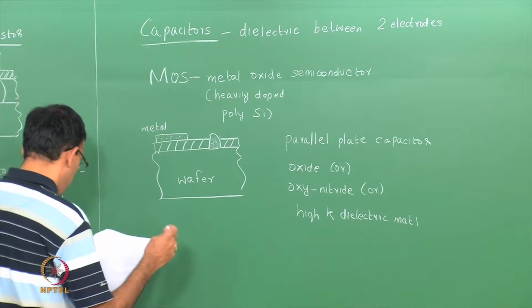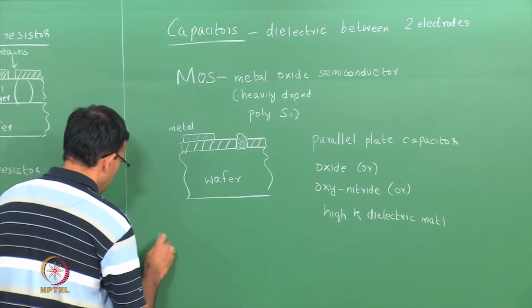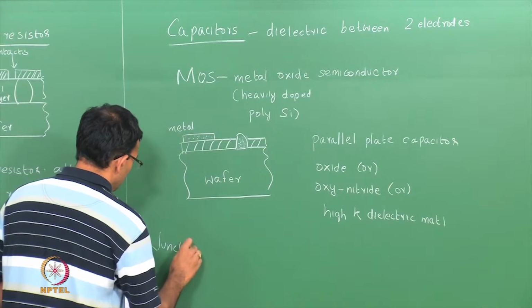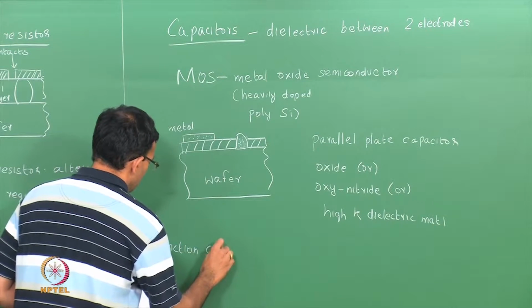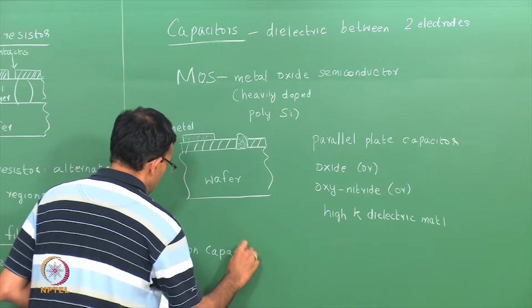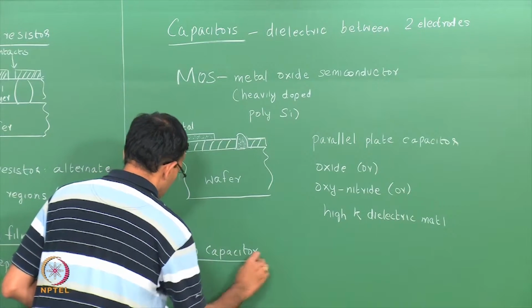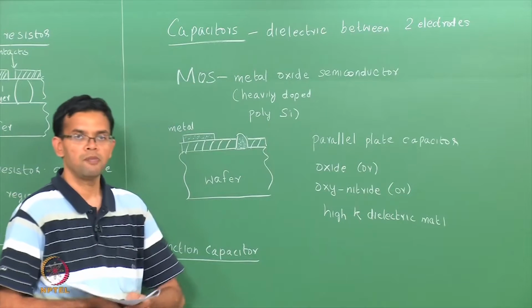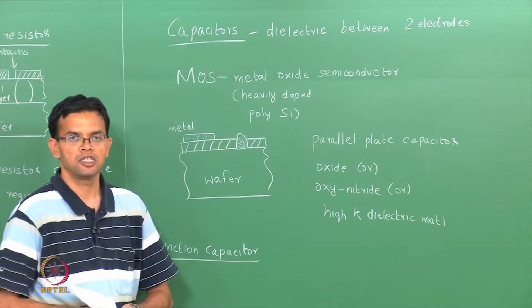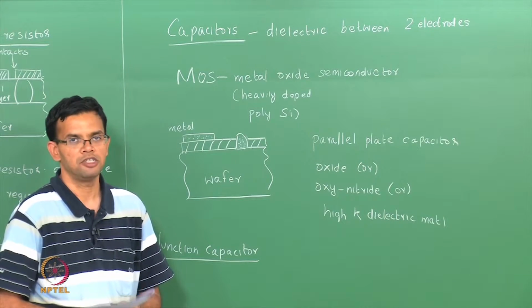Another type of capacitor is your junction capacitor. So, if you think about it, in any p-n junction there is always a depletion region.